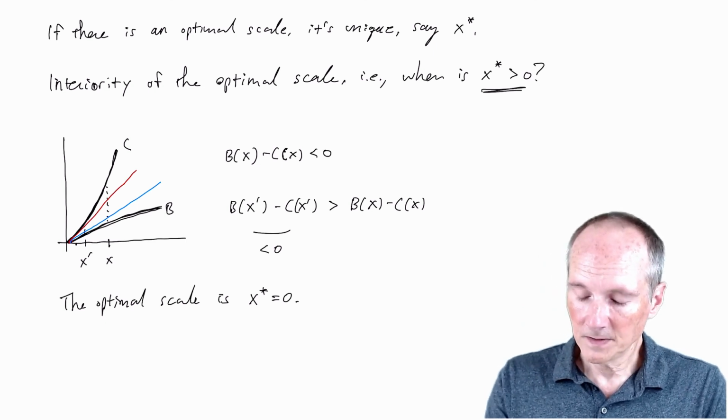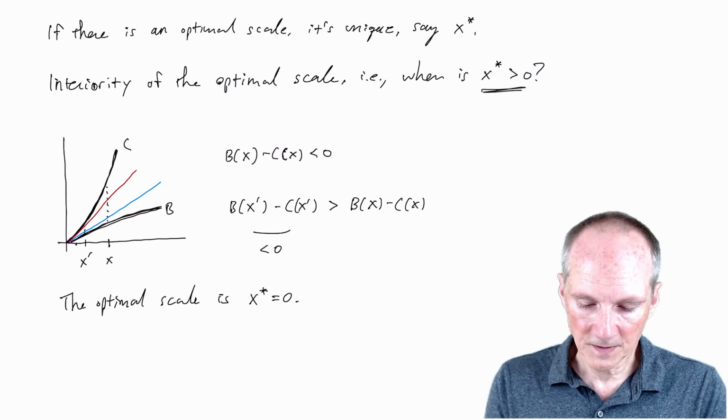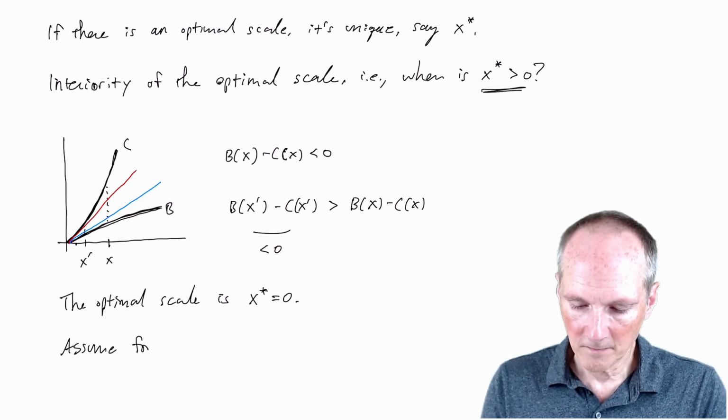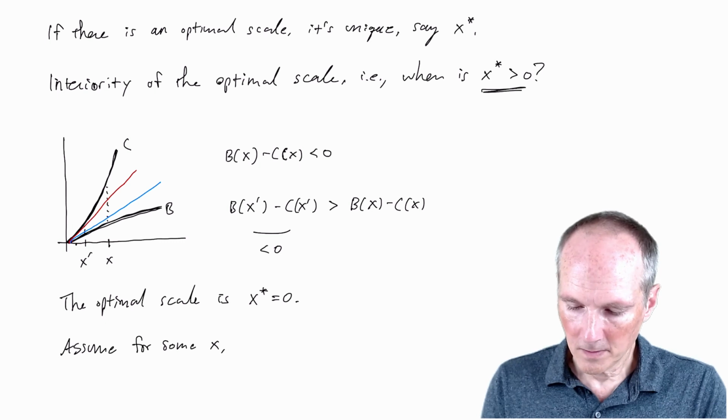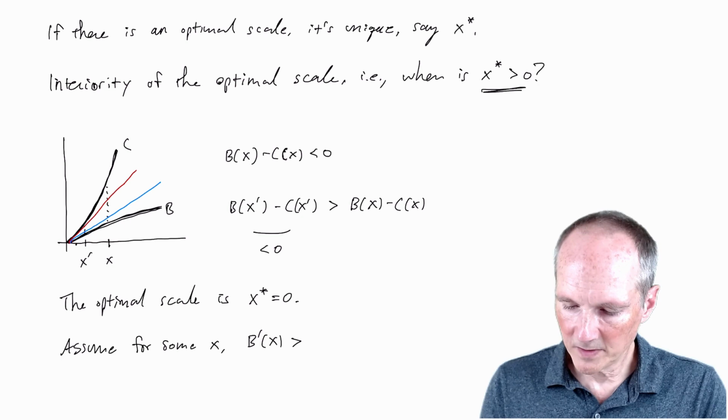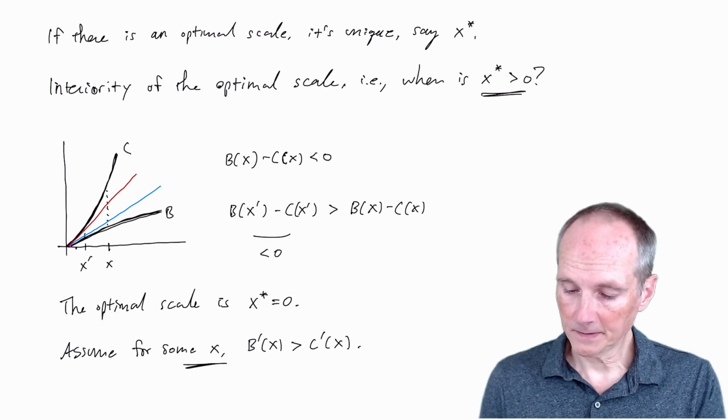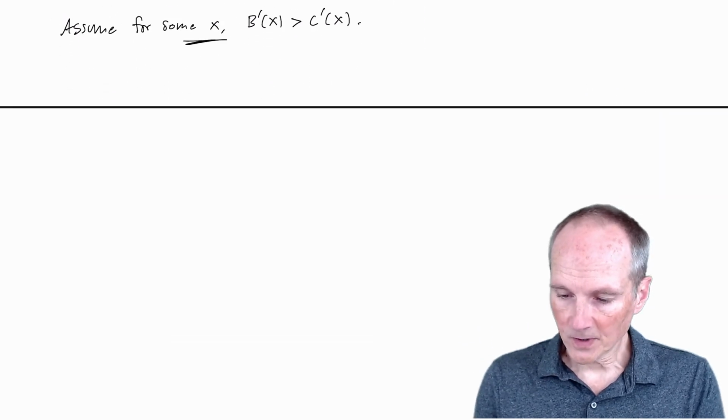Okay, so what we'll do is we'll assume that for some scale x, that marginal benefit is strictly bigger than marginal cost. Okay. In fact, there's a stronger condition that's used sometimes, and it falls in that Inada family of conditions.